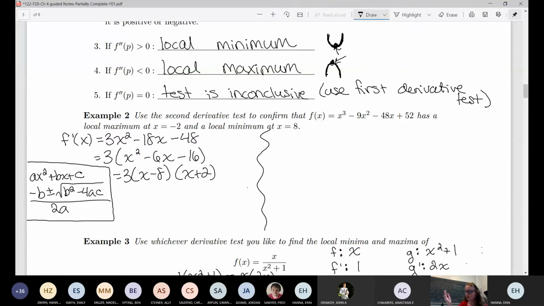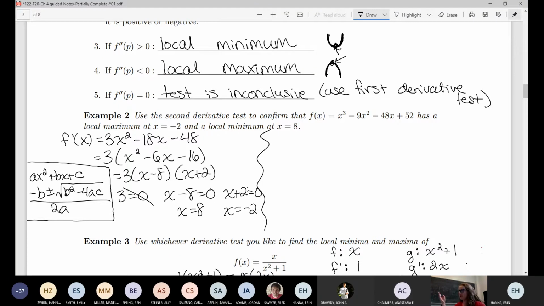And remember, when we're finding critical points, that's where we set a derivative equal to 0. So if we were to set this entire thing equal to 0, we would essentially take those 3 pieces and set them equal to 0. So 3 equals 0, which never happens. x minus 8 equals 0, and x plus 2 equals 0. And that's essentially where they're getting the 8 and the -2 from. Again, it wasn't needed for that question because we're already told the critical points.